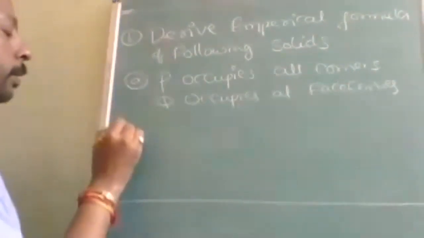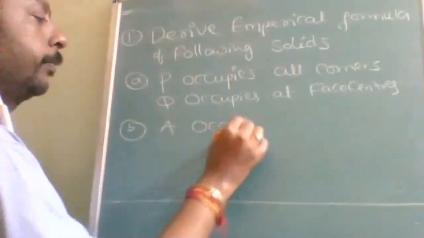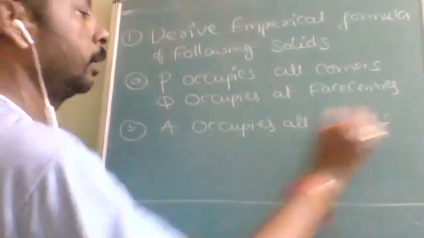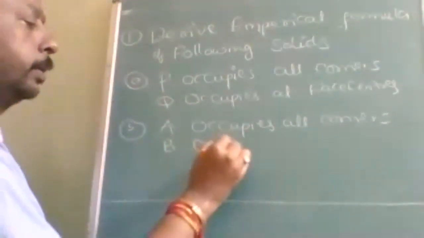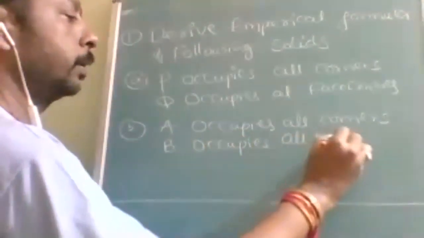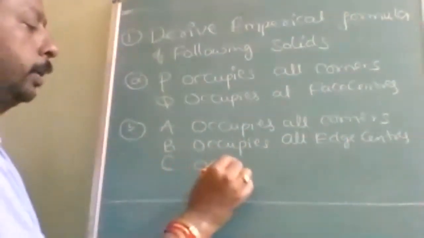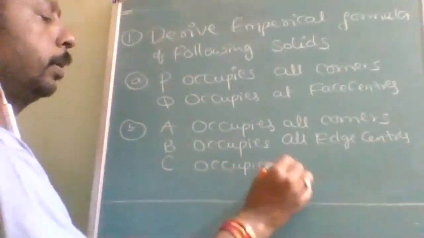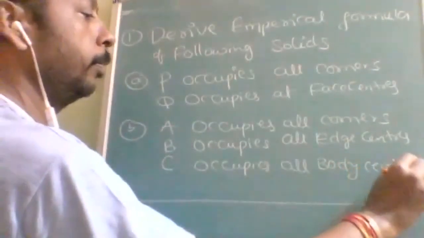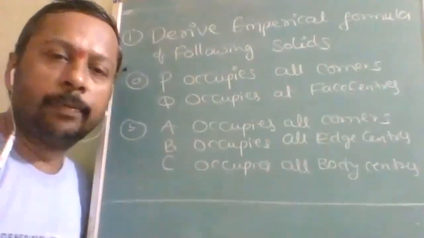Then part B: A occupies all corners, B occupies all edge centers, and C occupies all body centers. So this type of question will be there when you are given the location.